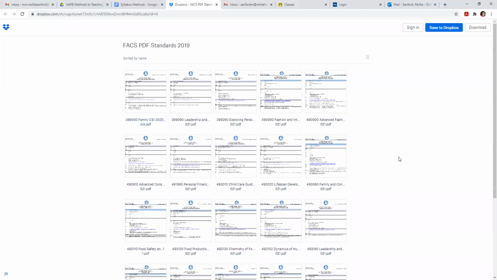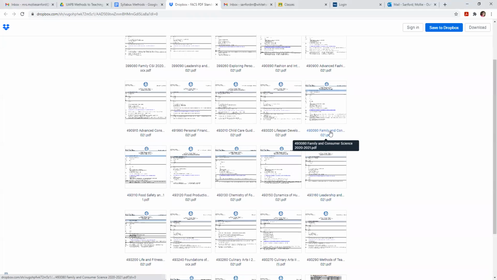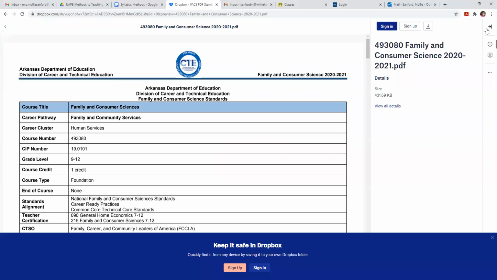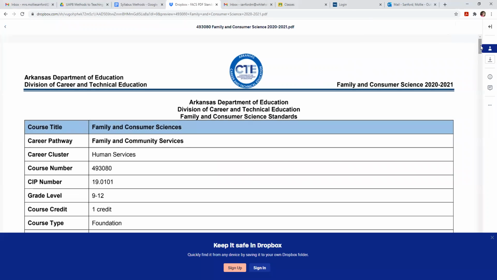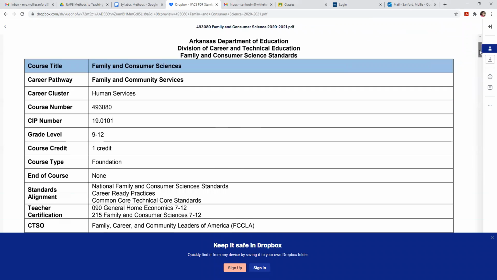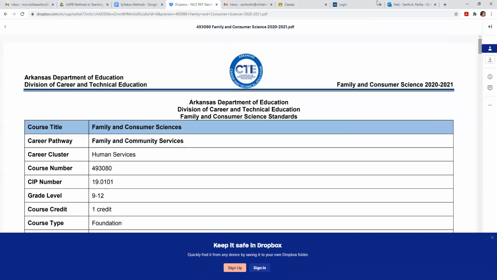I'm going to show you regular family and consumer sciences because just about every single person that teaches FCS is going to have to teach this, especially if you're in a small district and you're the only teacher. So before students can take any other class in high school related to FCS, they have to take this one first. It is now a prerequisite that they take this.